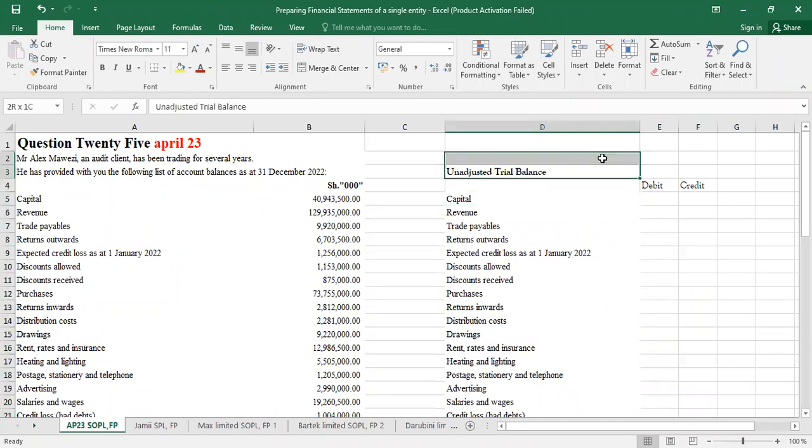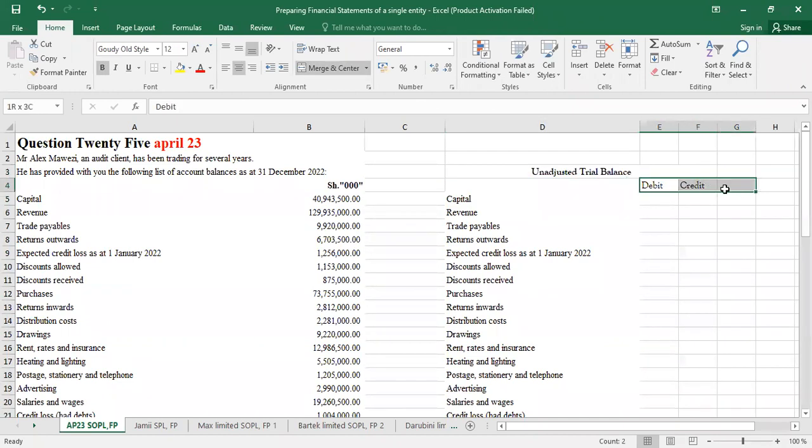I'll just merge these 2 here, Alt HMC to merge and center. Then I will also bolden these ones, Control Bold. Then I'll do Alt H BO for a bottom border.